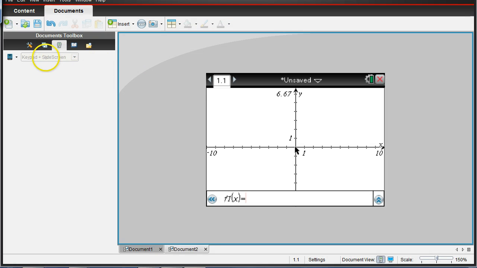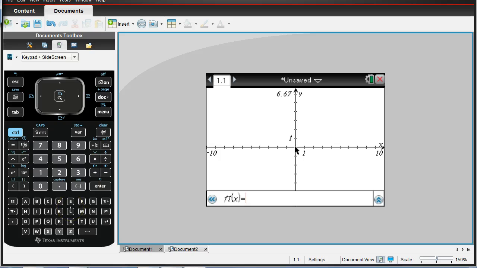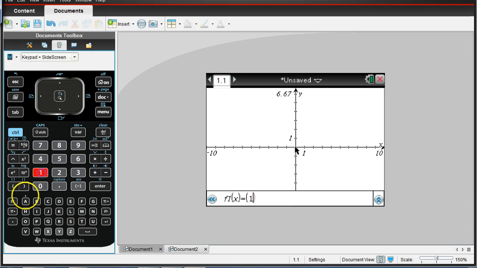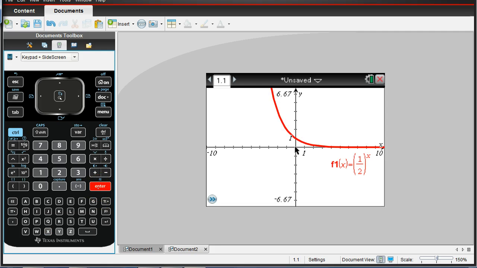So we're going to go to a graph. I'm going to type in 1/2 or 0.5 to the x power. Hit enter. And then in order to bring up another graph, hit the tab button and type in 0.8. Hit enter.